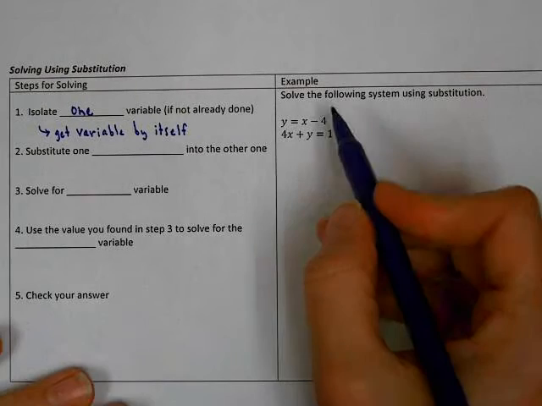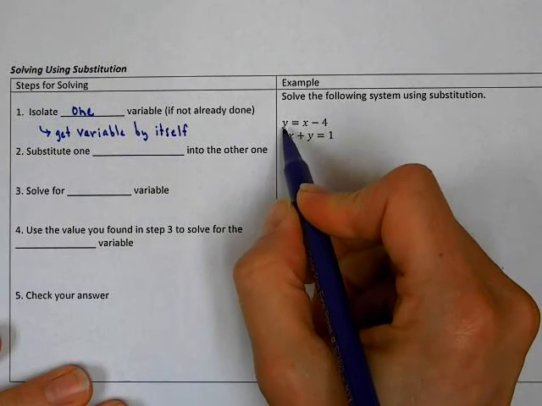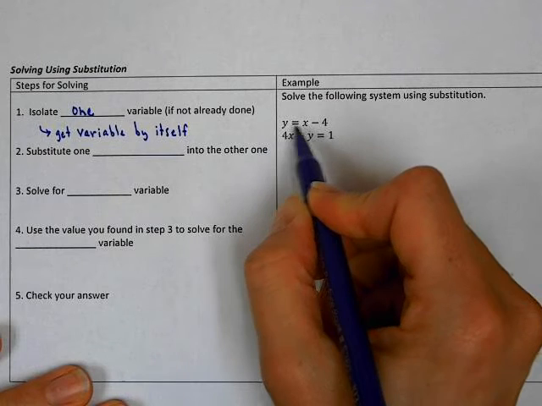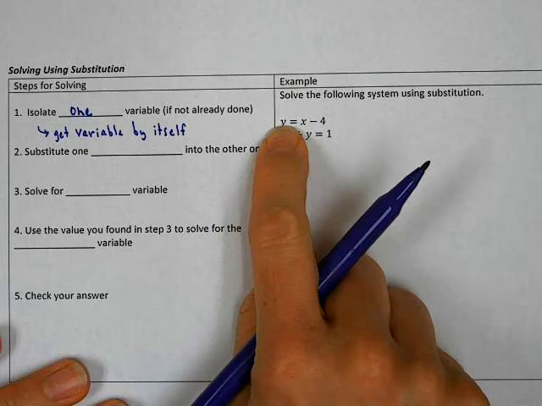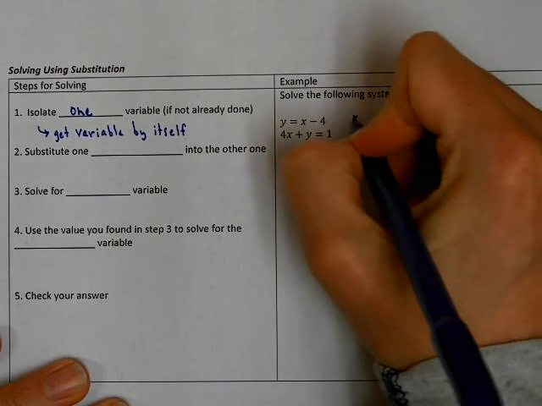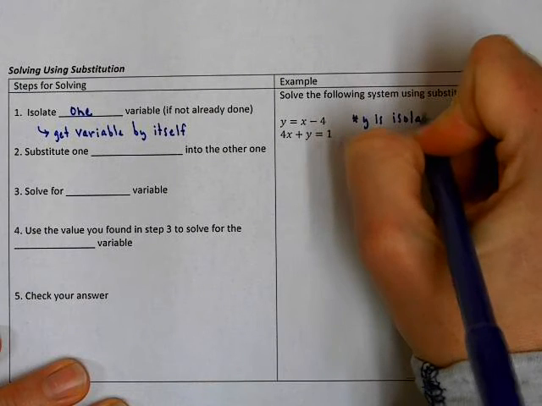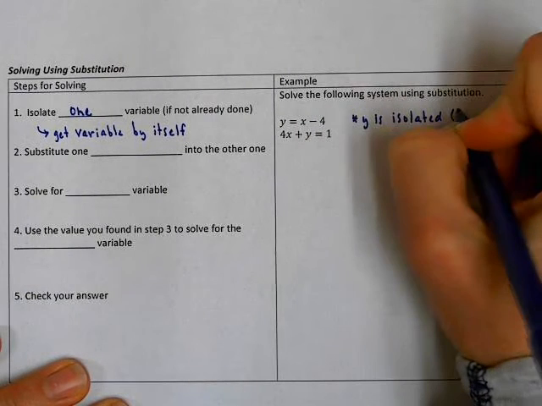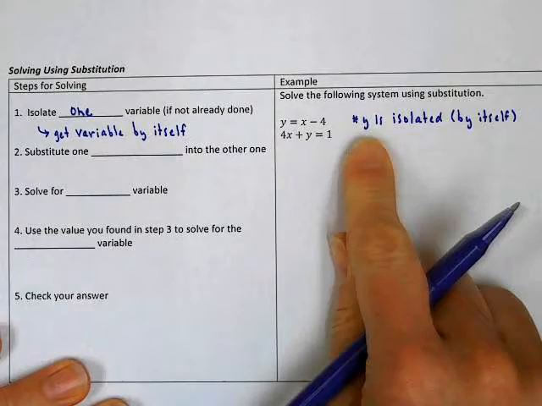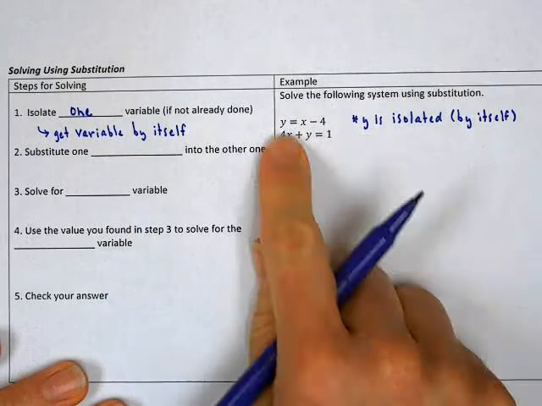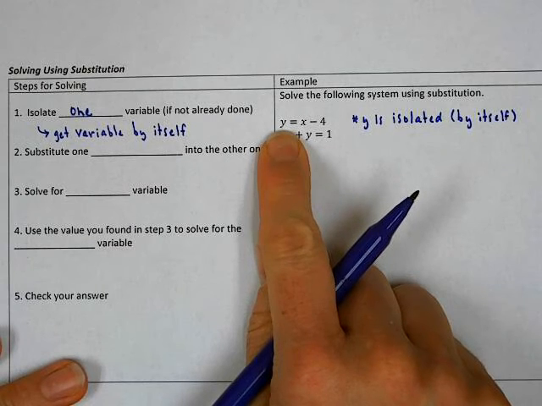For example, in this problem here, I can see y equals x minus 4. Y is already isolated, or by itself. So in this case, we don't have to do any work because we already have one equation where a variable is by itself.